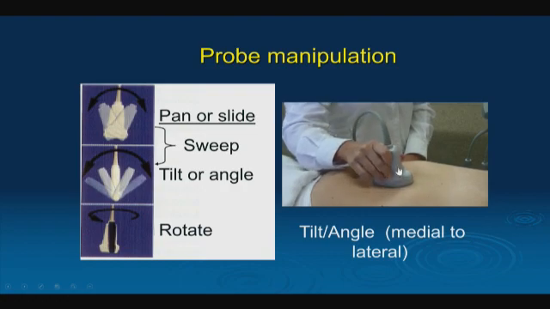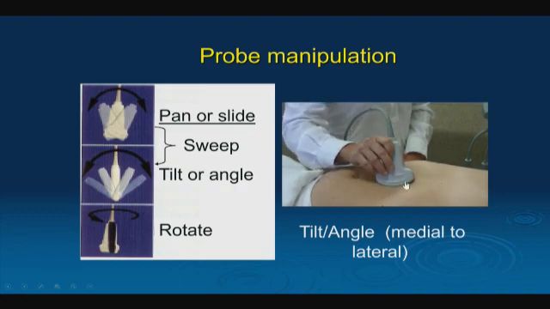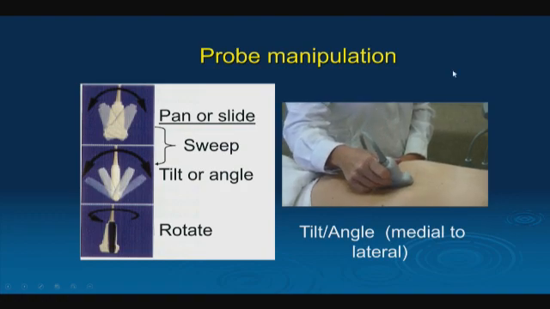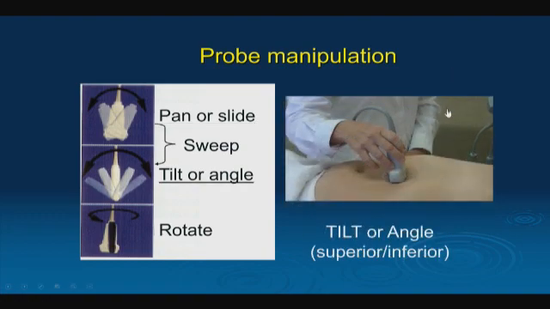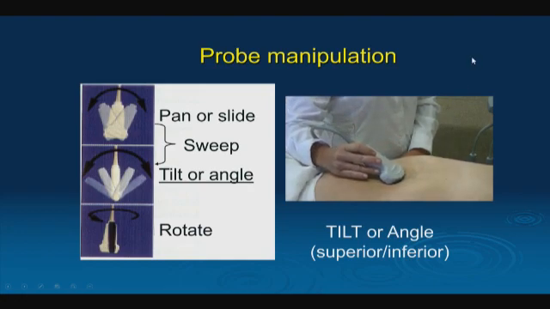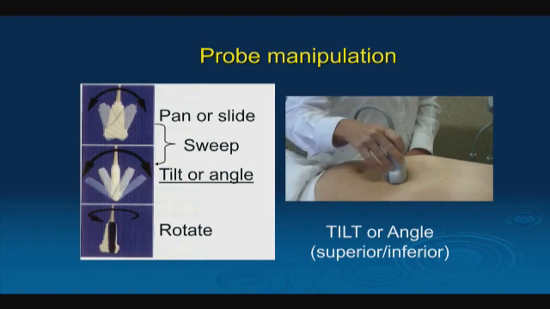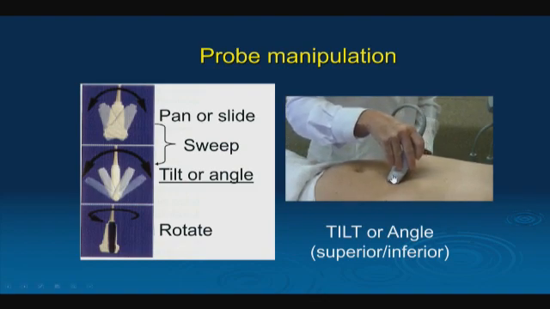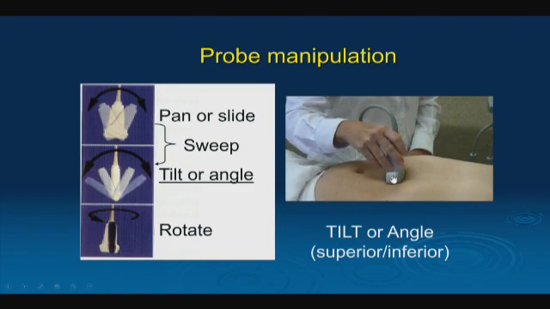Now notice when I choose the angle approach, my transducer stays right where I have it anchored, and I'm just sweeping the beam side to side. In transverse, if I want to sweep through, I'm going to angle superior and inferior, again noting that the transducer stays still. You're using the angulation maneuver to sweep through the structure.